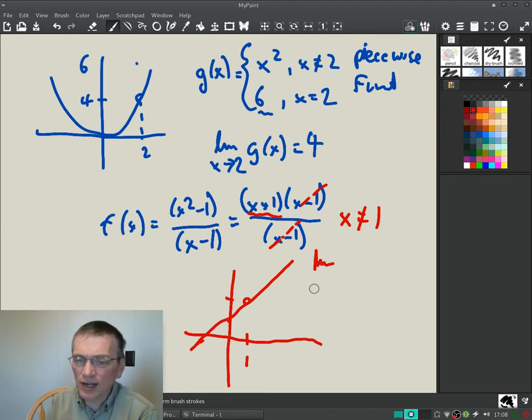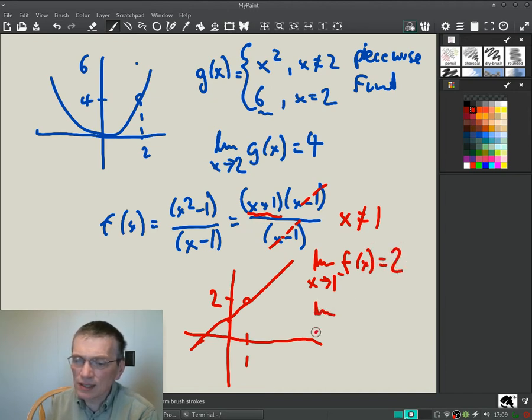So the limit, let's start with the left hand side limit, as x goes to 1 from the minus side, this will be x plus 1, and that will be 2. So the limit of f of x as x goes to 1 from the minus side is 2.